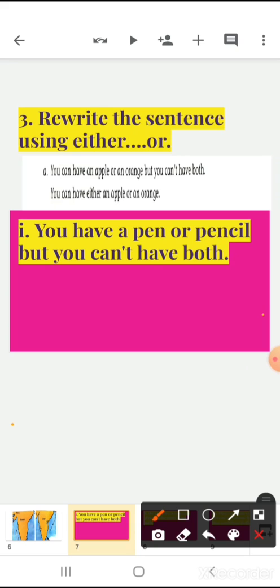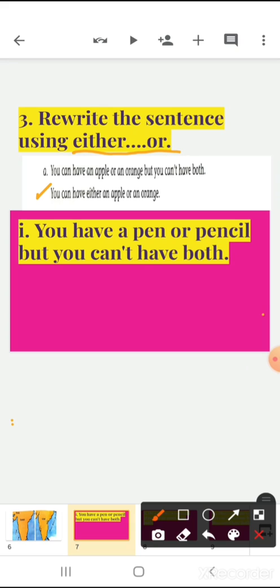I am going to read the example which is given. You can have an apple or an orange, but you can't have both. It means you have to use either or in the given sentence and make a new sentence.